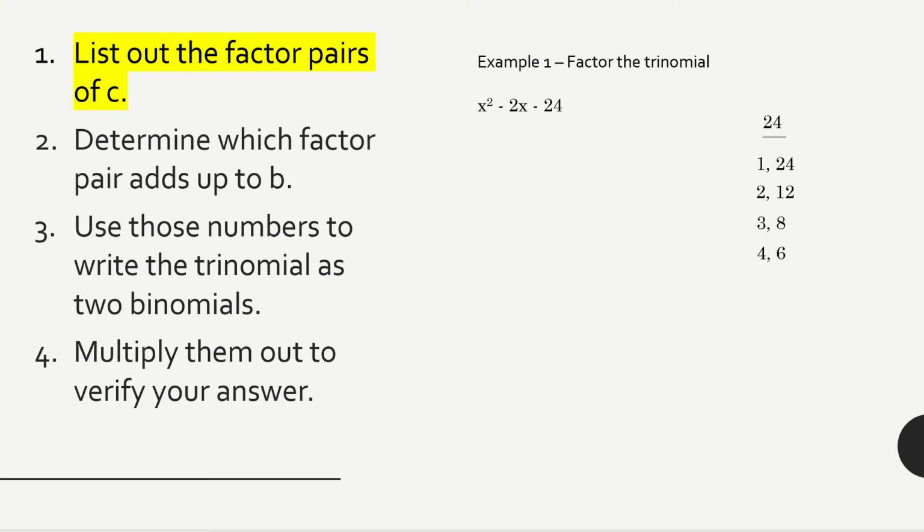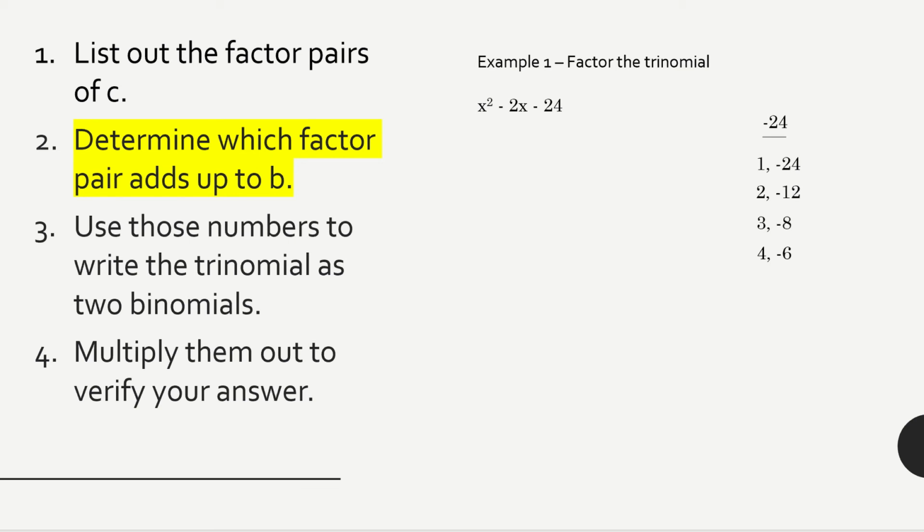Then what we're going to do is determine which factor pair adds up to b. Now, at this point, let's go ahead and make that 24 negative because that's what it should be. And remember, we have to see which number adds up to negative 2, which number adds up to b. Because b is negative, these two numbers have to add up to a negative number, which means the larger number needs to be negative.